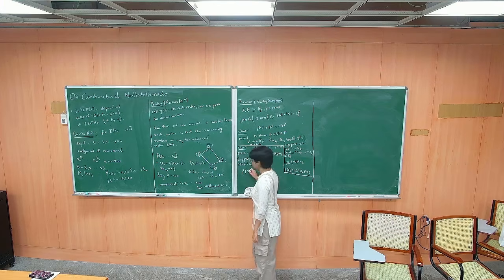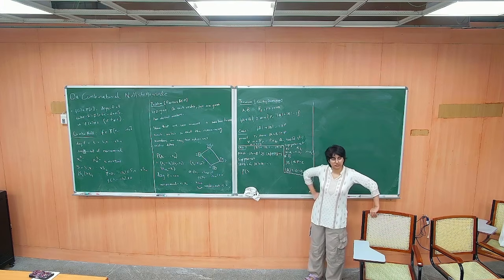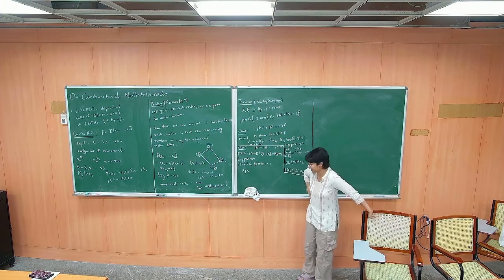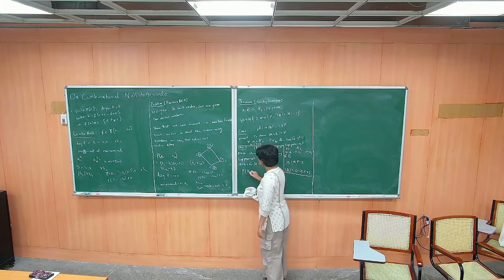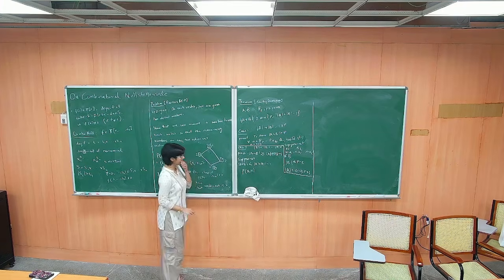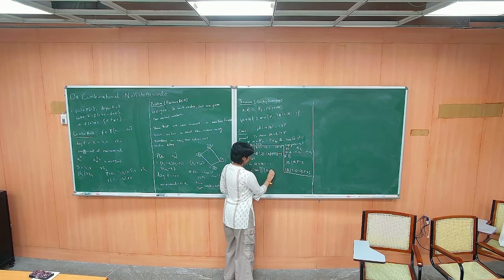Can we take the polynomial which is a product of x plus y minus s, where s belongs to the set A plus B? That was the one which I was going for.